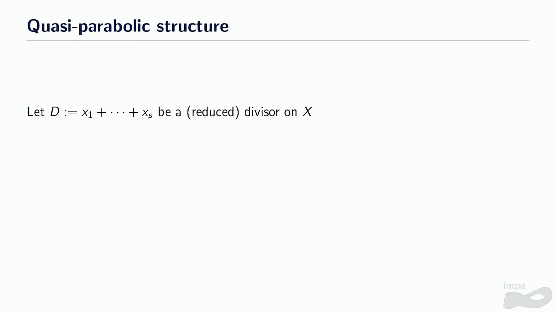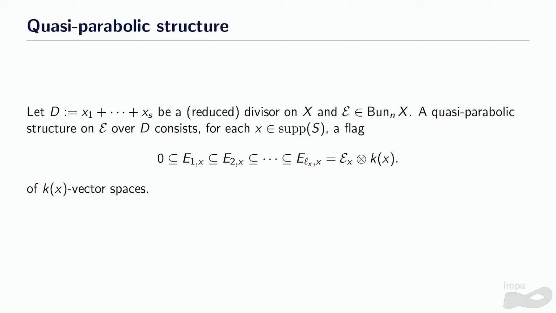Okay, on the other side, we have quasi-parabolic structures on vector bundles. I'm going to go very quickly because I think most of you know what a quasi-parabolic structure on a vector bundle is.